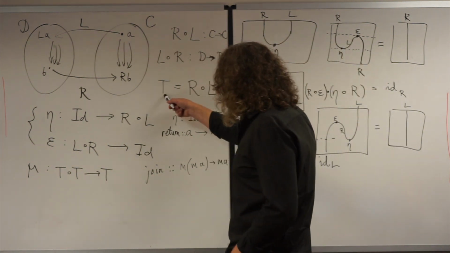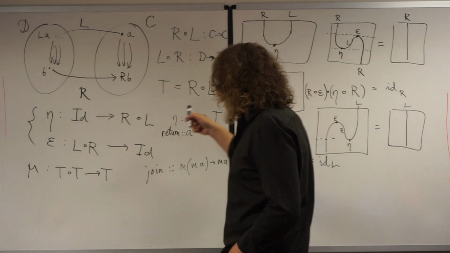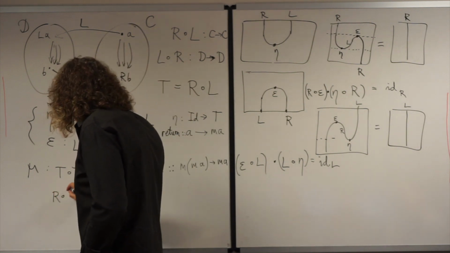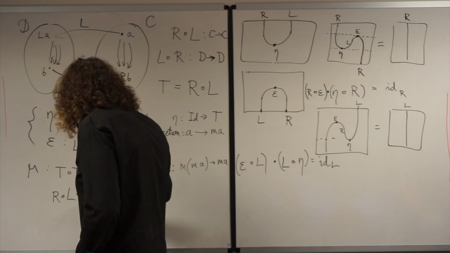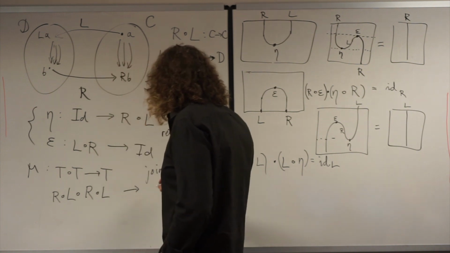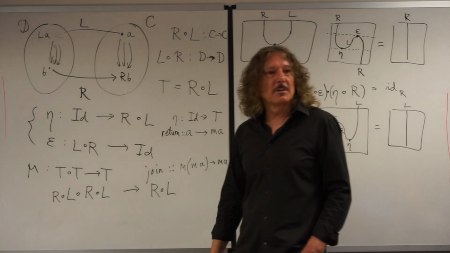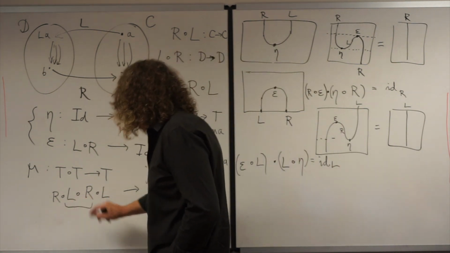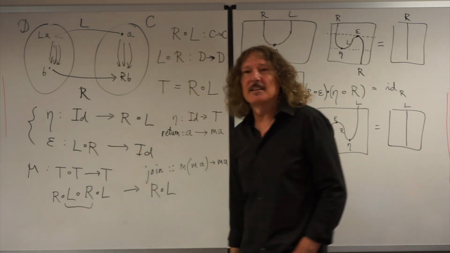So our T now is this composition R after L, right? So if we put R after L here, and then combine it with R after L again, can we transform it into R after L? How would we do that? Well, for L after R, we have a transformation that transforms L after R into identity.